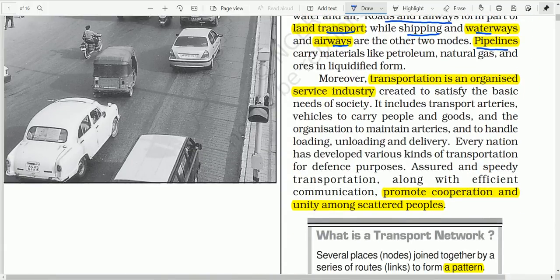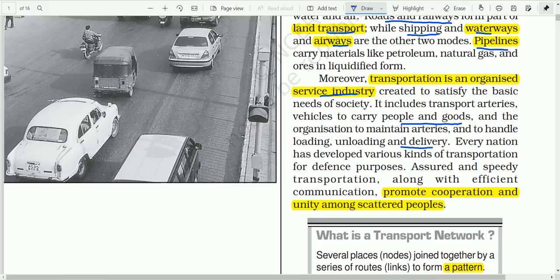And we must know that transportation is an organized service industry created to satisfy the basic needs of society. It includes transport arteries, that is the roads, for example, then vehicles to carry people and goods, and the organization to maintain arteries and to handle loading, unloading, and delivery.